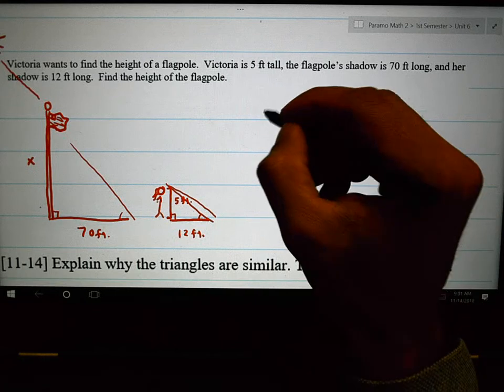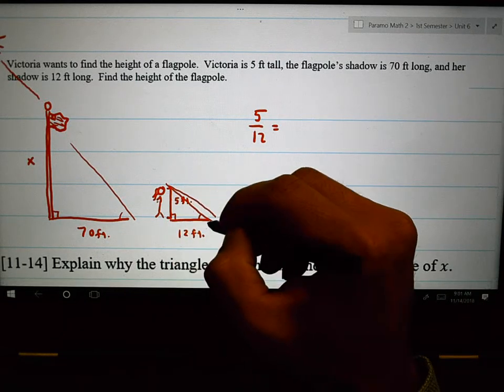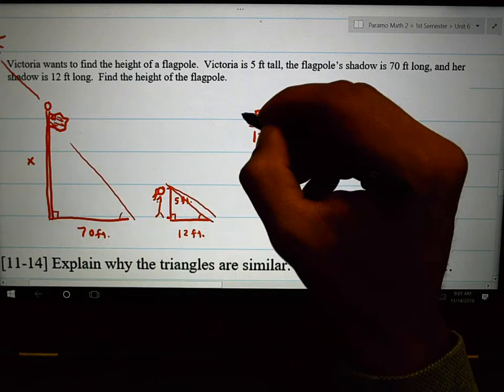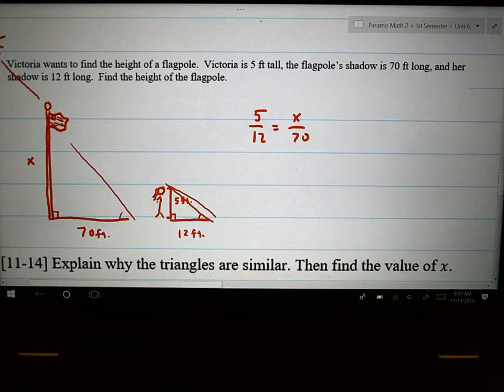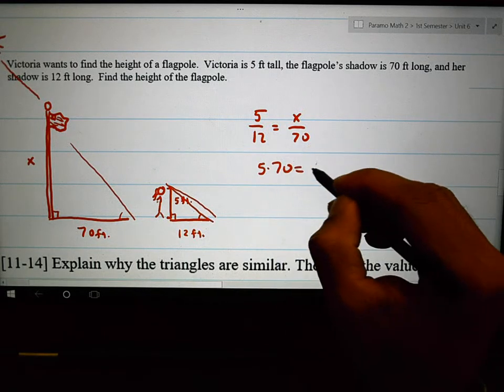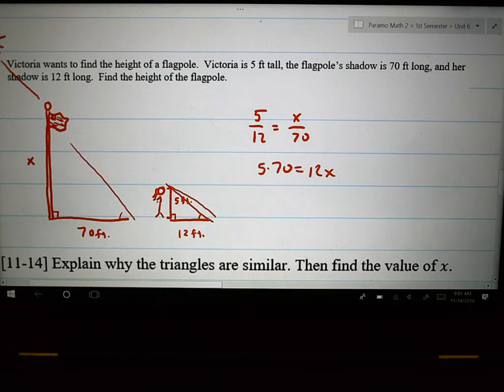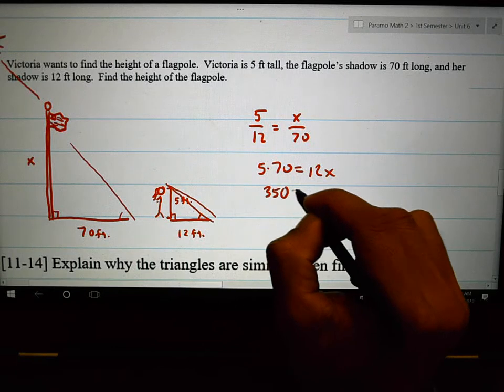So let's do that. 5 feet over 12. Her height over her shadow's length is equal to the height over the shadow length. Cross multiply. 5 times 70 is going to equal 12 times x. 5 times 70 is 350 equals 12x.